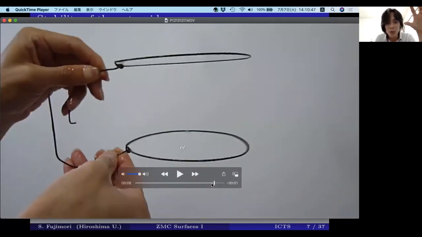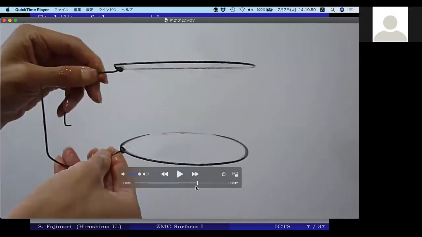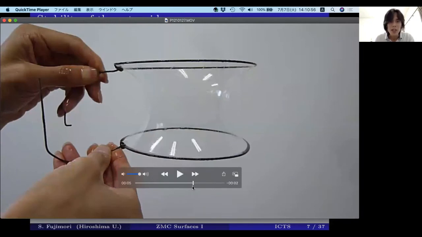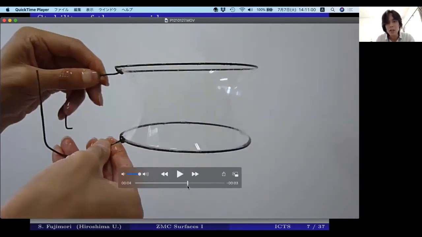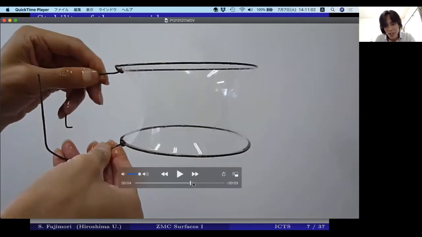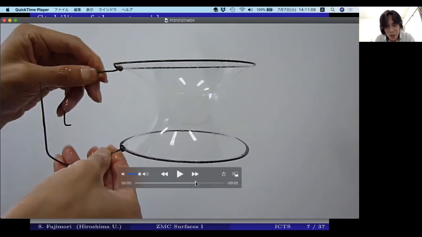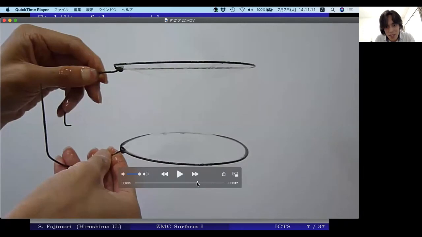And one can compute the critical value at which the catenoid becomes unstable by using the second variation formula. One thing I think is interesting is that when the catenoid collapses into planes, a tiny sphere appears in the middle of the surface.